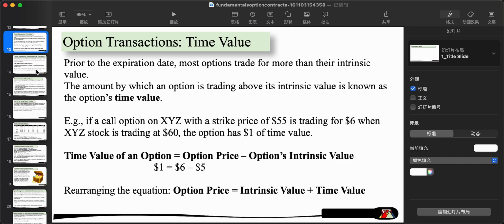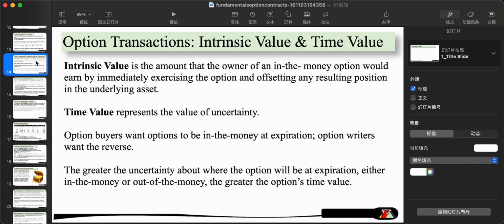So time value of an option equals option price minus option's intrinsic value, which is $1 equals $6 minus $5. Rearranging the equation, option price equals intrinsic value plus time value.